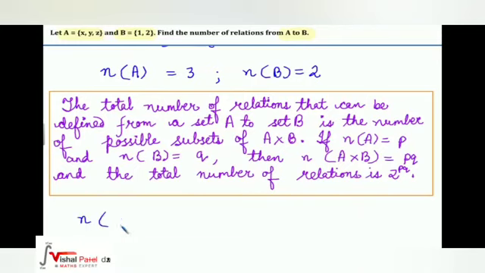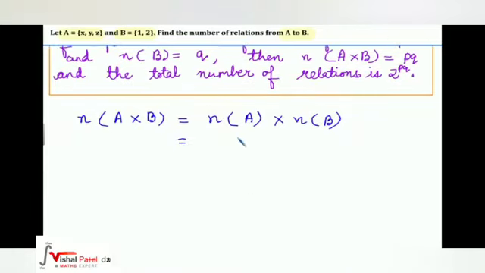Or you can also write it as 2 raised to n(A cross B). We studied this in the previous lecture 2.1. So n(A cross B) is equal to 6, so the total number of relations is equal to 2 raised to 6.